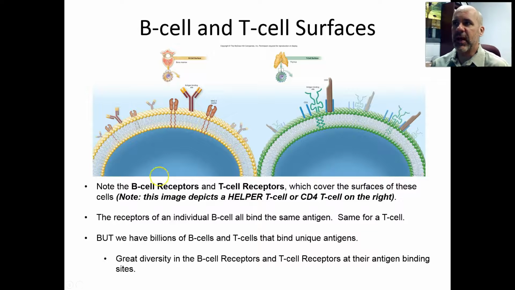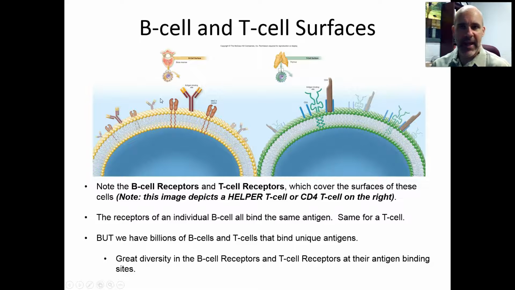All right, so let's take a look at this diagram from your textbook, which is showing you over here what is supposed to represent a B cell surface, and this is supposed to represent a T cell surface. On a B cell surface, the main thing we're going to focus in on here are these Y-shaped molecules that you see.